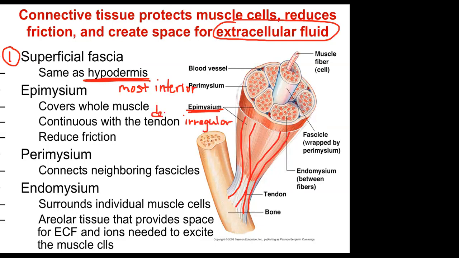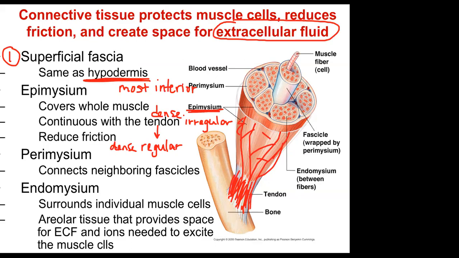Should include the word dense there. But as it makes its way towards the tendon, it becomes regular. So the tendon itself, again, is regular. It's still dense, regular. So we go from a more random orientation. When we get to the tendon, everything tends to be very parallel in our connective tissue layers.